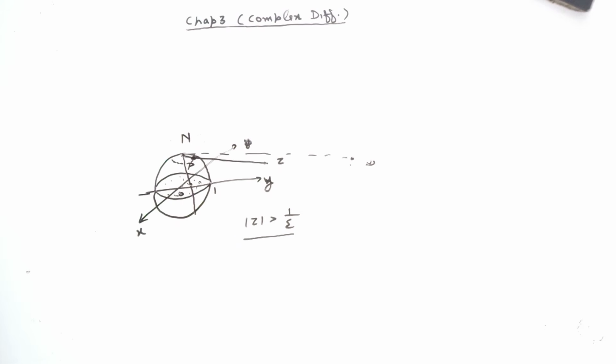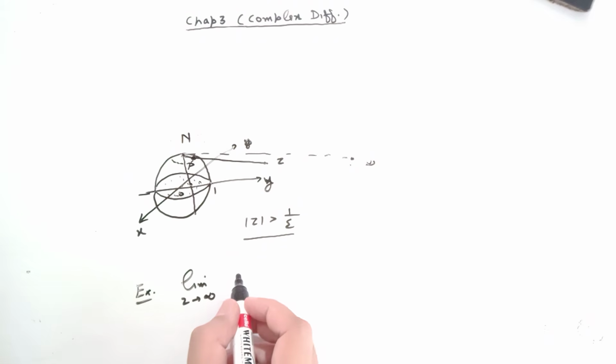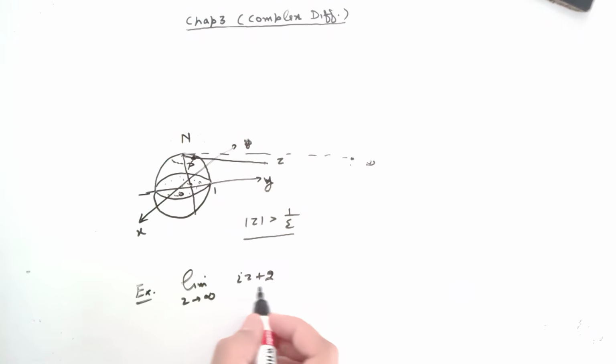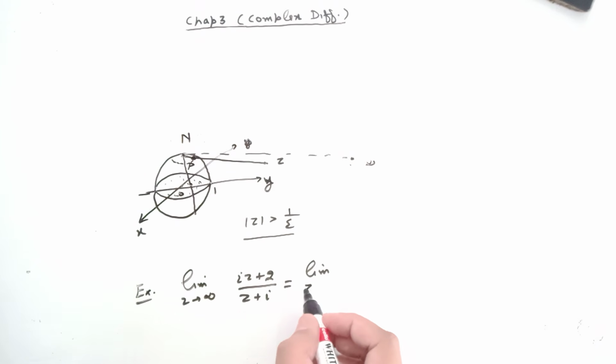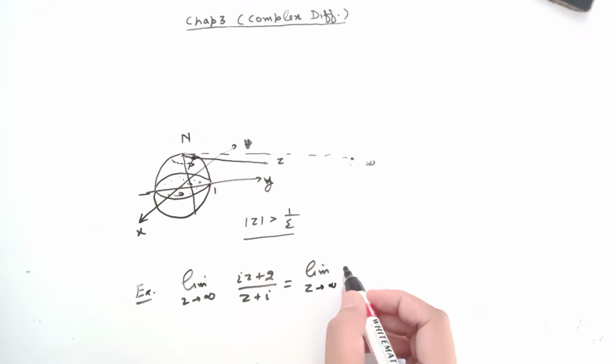Limits involving infinity you can deal in the same way as you do in reals. For example, limit z going to infinity, iota z plus 2 over z plus iota. How to solve this limit? Divide numerator and denominator by z.